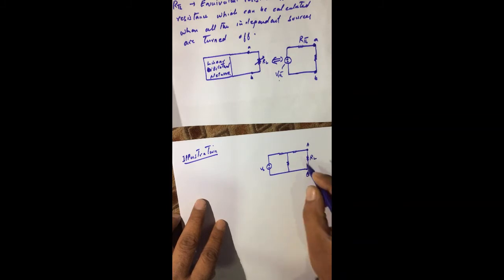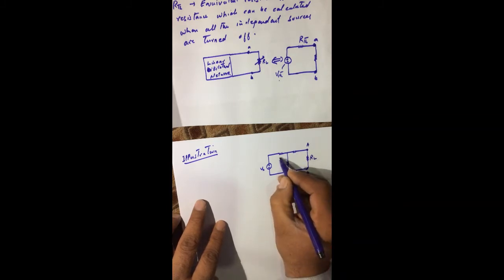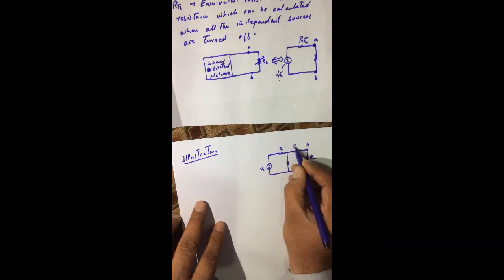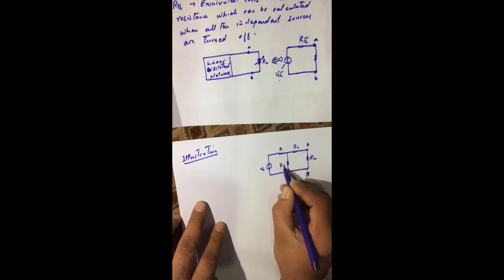This is the load resistance, and this is resistor R1, this is resistor R2, and this is resistor R3.